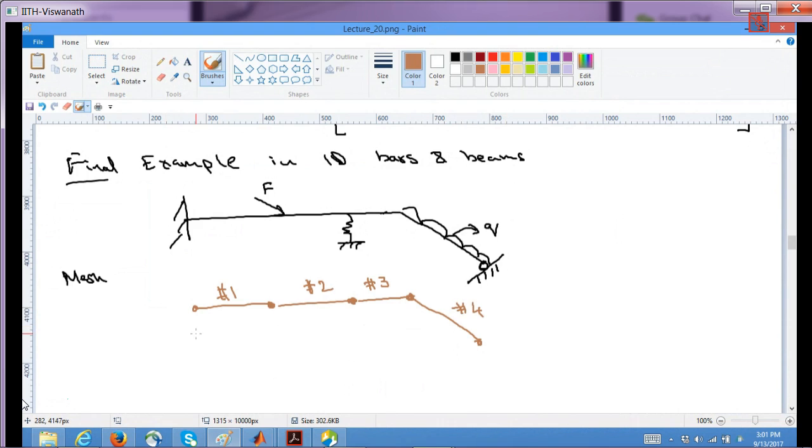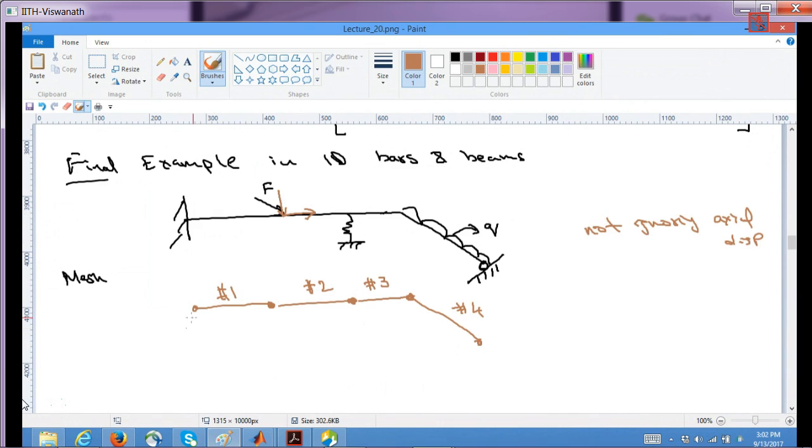So the degrees of freedom. Since this component has a component acting vertical and a component acting in the horizontal direction, this also has a pull, and we are not ignoring axial displacement. So that means these things behave both as bars and beams.